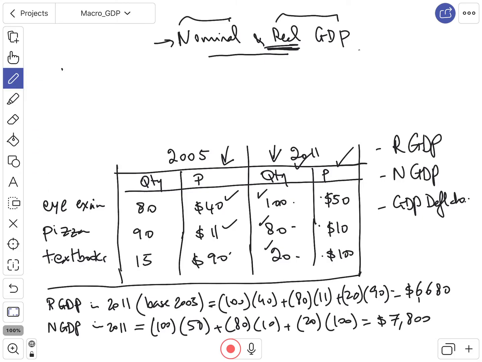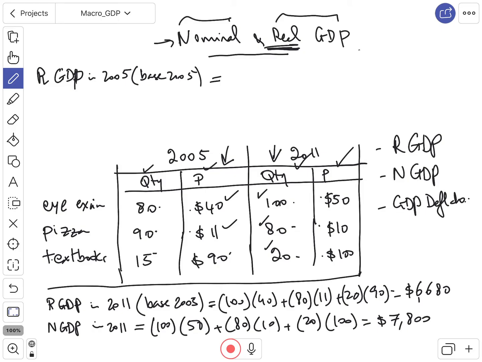Suppose that the question we have is the computation of real GDP in 2005, but using the base 2005. Do you notice that this means that I'm going to take this production times the price? So this times this, this times this, this times this.